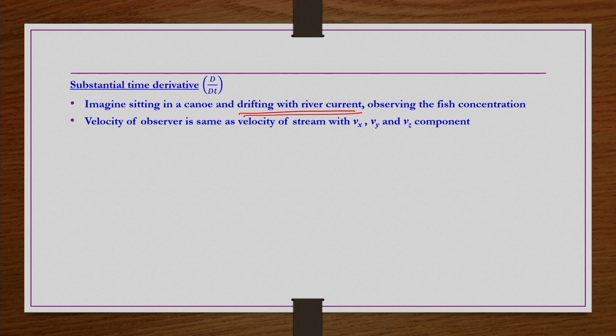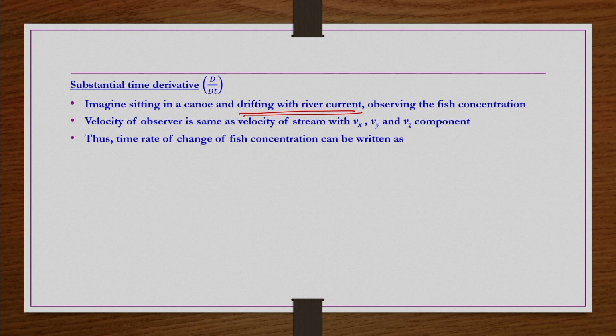You are not changing the velocity, rather you are drifting with the river current velocity, whatever the fluid stream has in the river. So that velocity at different locations is what you are taking, with Vx, Vy, Vz components at each location, okay.